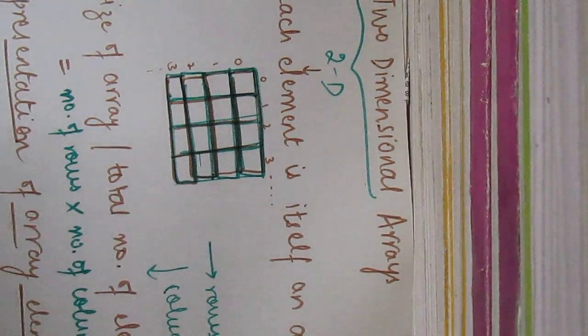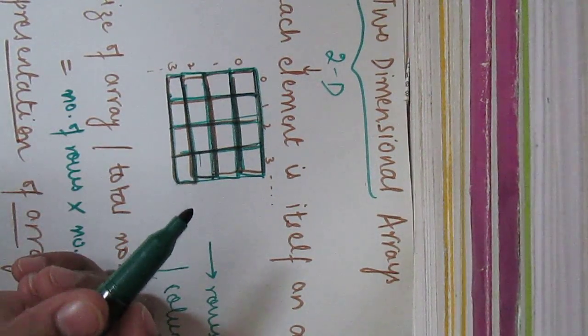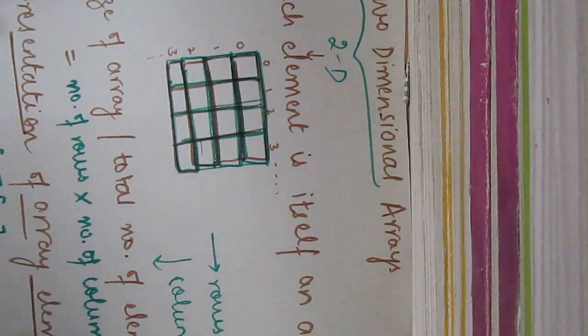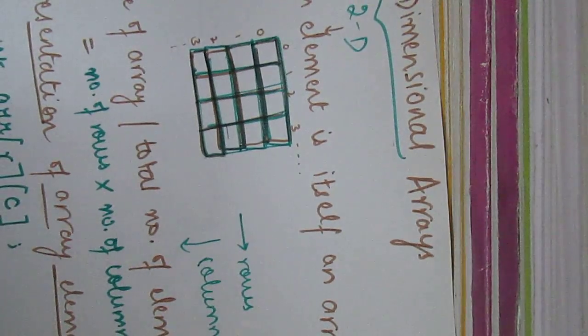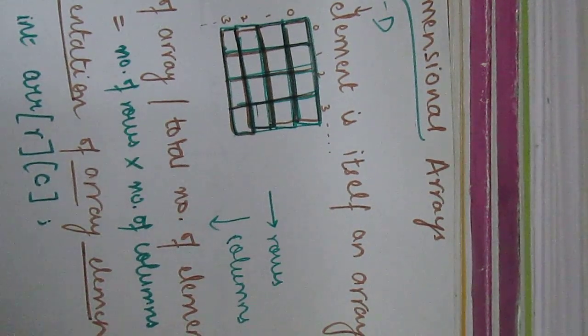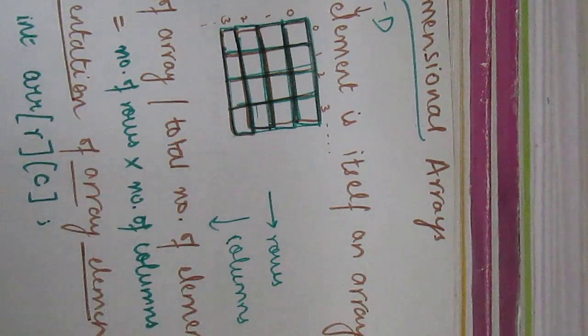So the question is, what's the size of this array? We can calculate the size of the array by saying the size of the array is the number of rows into the number of columns. That's how we calculate the size, by using simple maths.